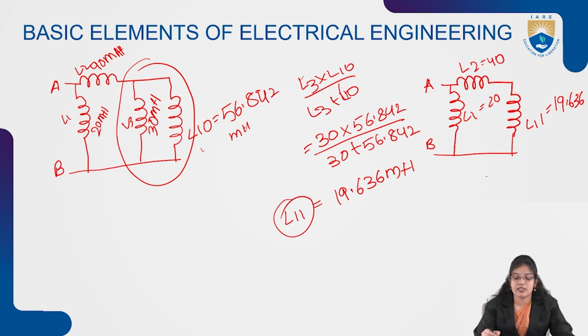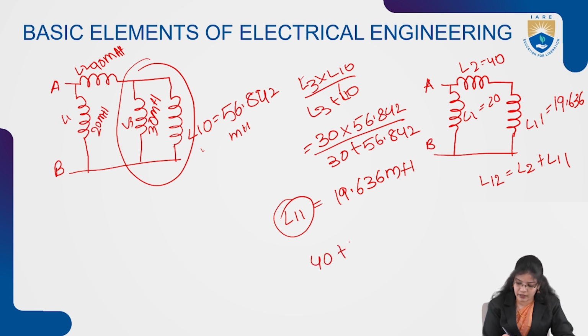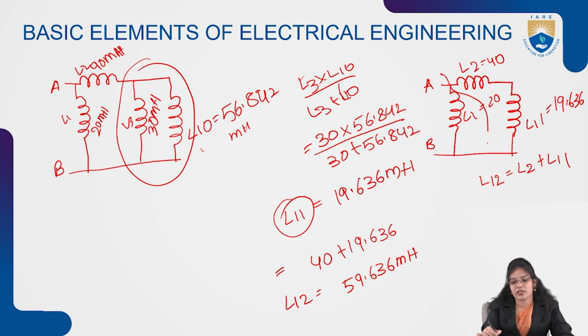If they are connected in series, we need to add the two inductances, which will be taken as L12 is equal to L2 plus L11. So if we add these two inductances, we'll get 40 plus 19.636. So the value of L12 will be 59.636 millihenry. So after calculating these two inductances, again we have to redraw the circuit.